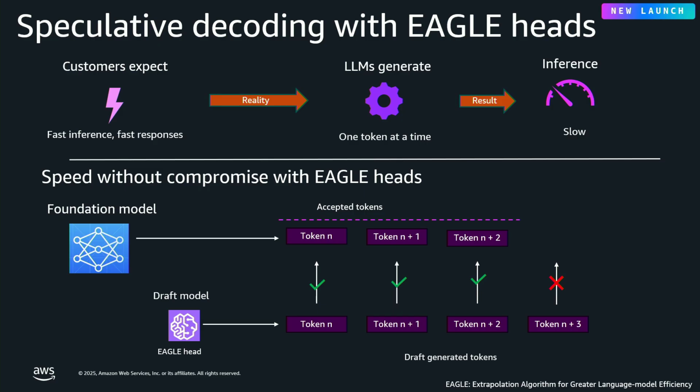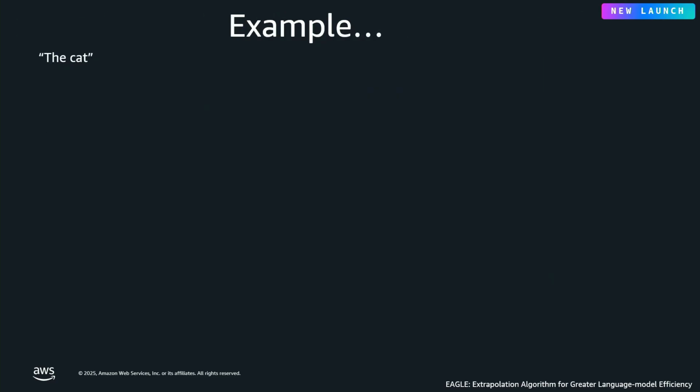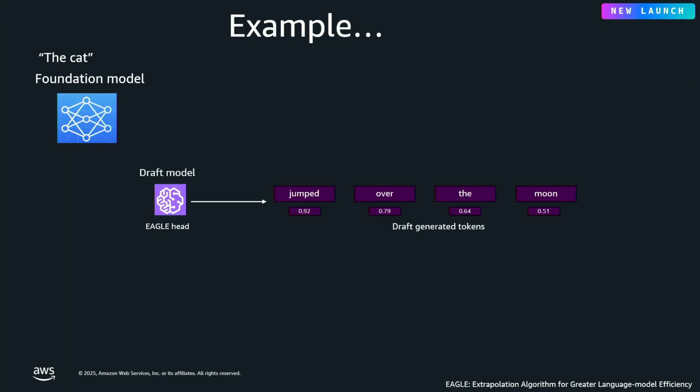Let's play it with an example. So let's say that my LLM is writing a book on a cat, and it's about to finish the sentence. The cat, and my draft model says jumped over the moon with the given probabilities. And the draft model generated this entire set of tokens together.